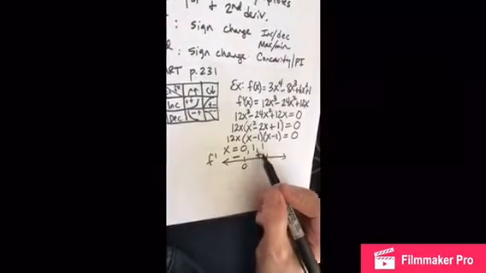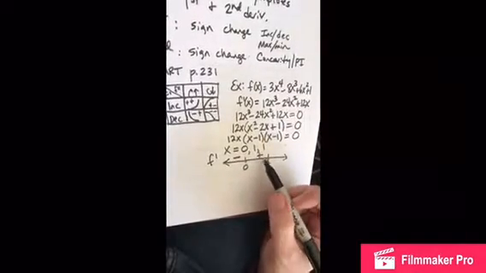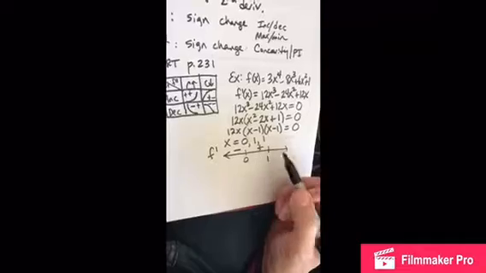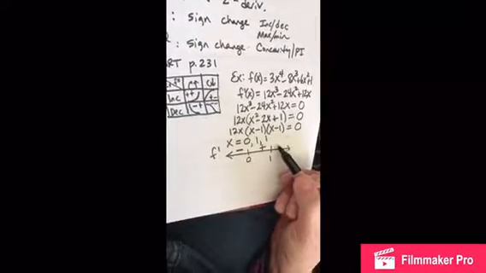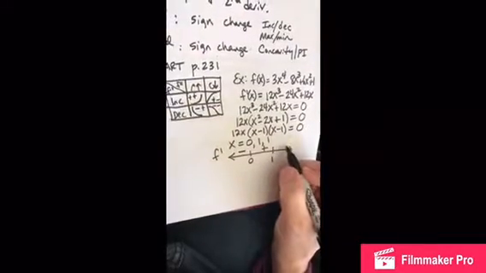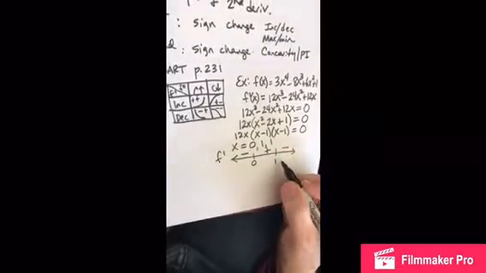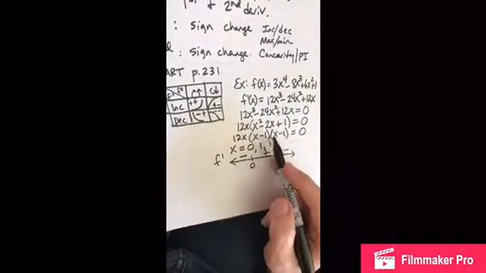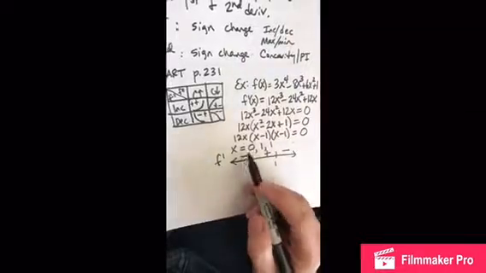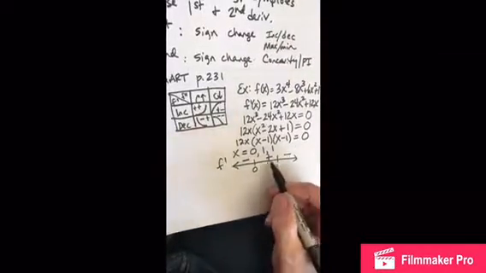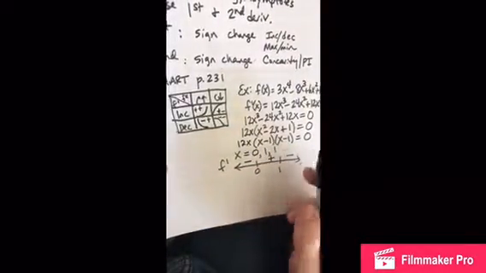So that makes it positive. And remember, I also said that if you have a polynomial like this, it will alternate.